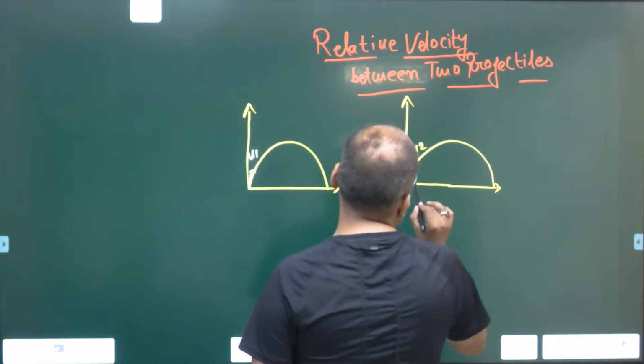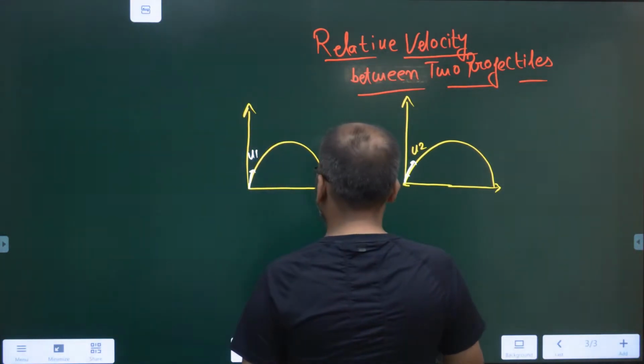Projected with u2 velocity and they both are making some angle.